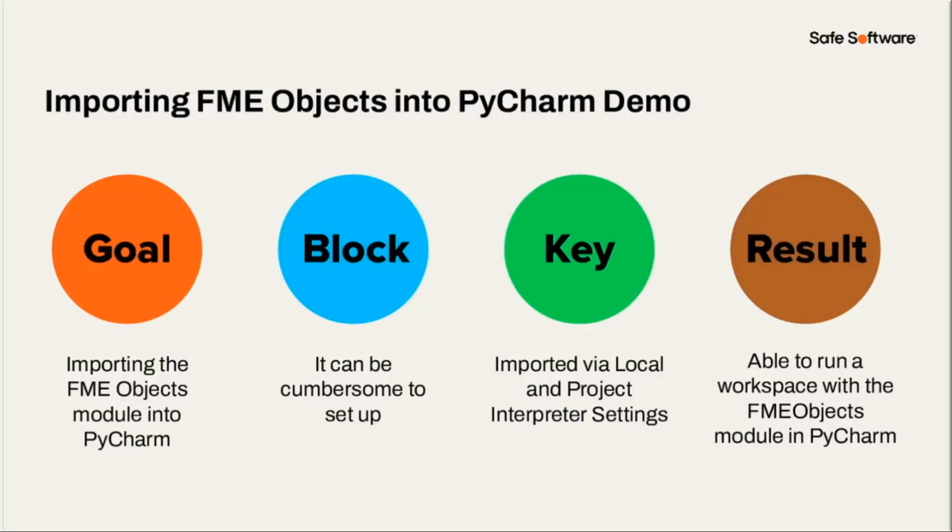Talking about the demo here, we're going to import the FME objects module into PyCharm. It can be a little cumbersome to set up, but don't worry, once you see this demo, it'll be easy to follow. We'll go into local and project interpreter settings to set that up, and we'll be able to run workspaces with the FME objects module in PyCharm. So, getting into the demo here.